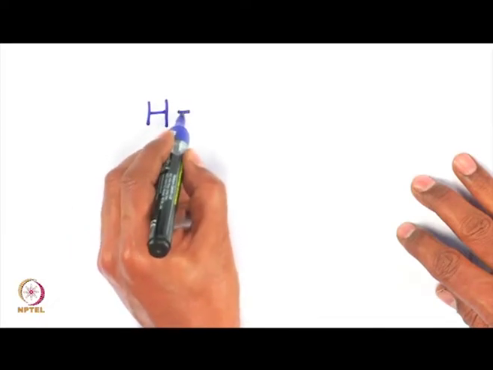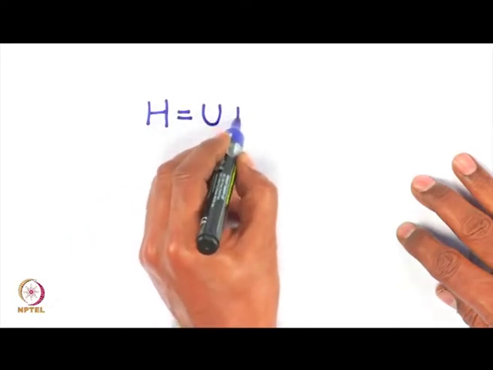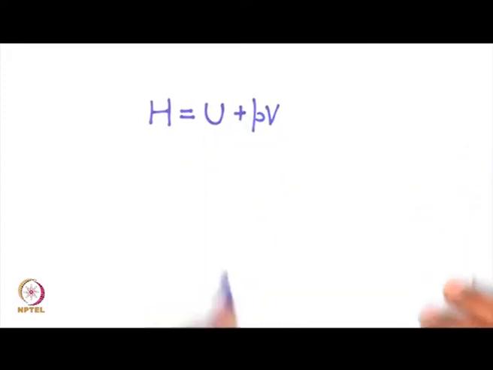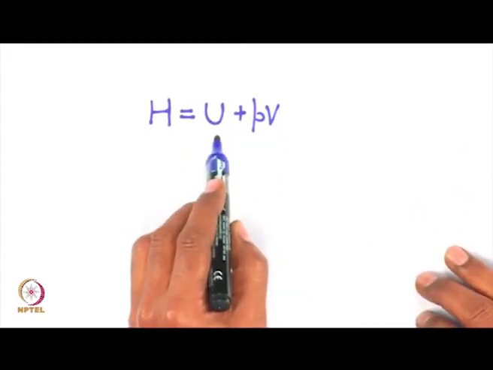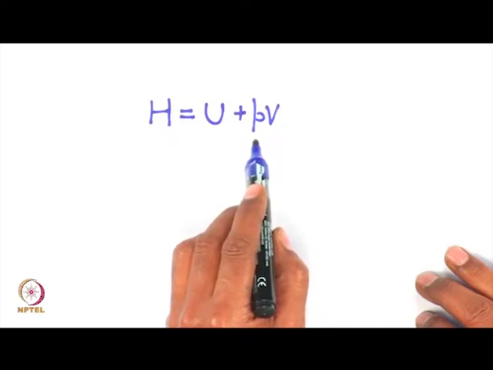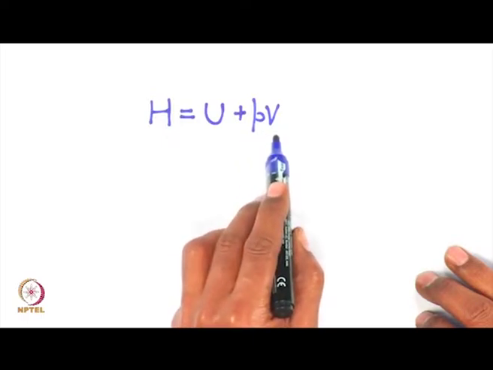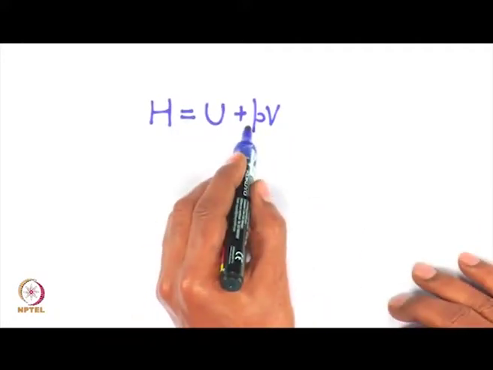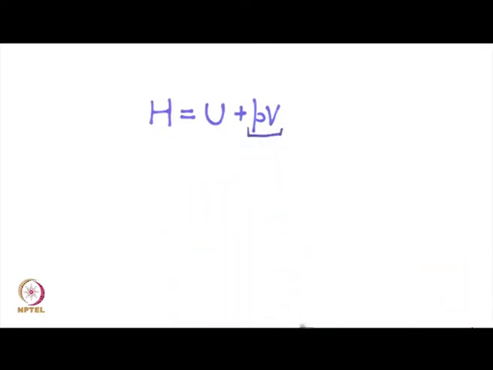The definition of enthalpy is H is equal to U plus PV, where U is internal energy of the system, P is pressure of the system, and V is the volume of the system. The confusion sometimes can come because of this PV term, because PV is equal to nRT is generally used for ideal gases.